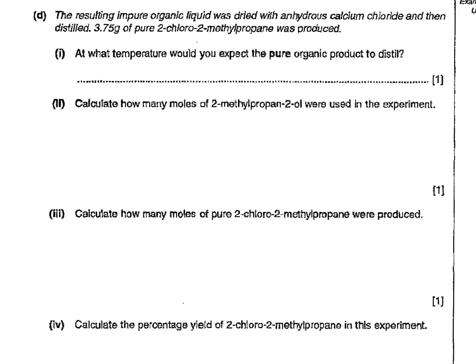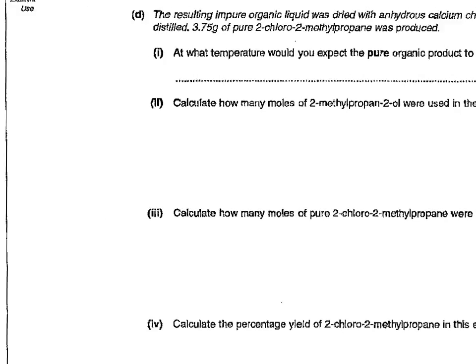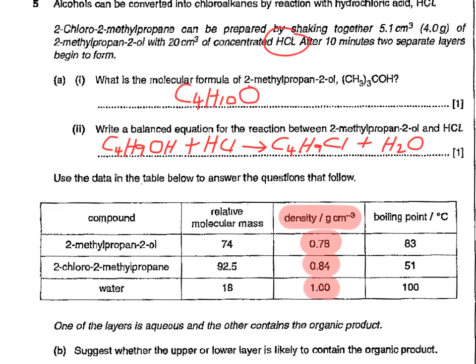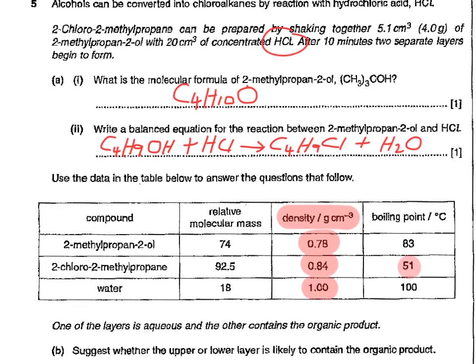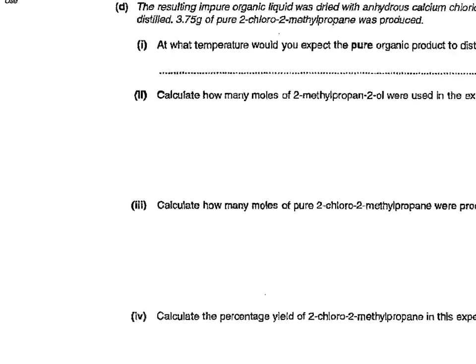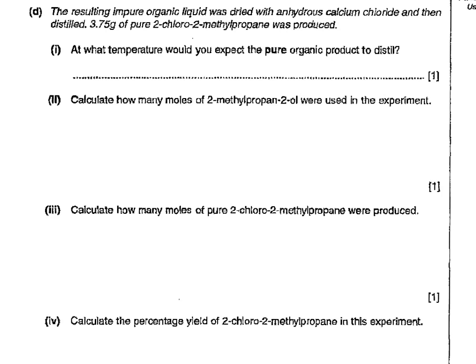So it asks you at what temperature do you expect the pure organic product to distill. So your organic product is 2-chloro-2-methylpropane. So let's go and look at our data. 2-chloro-2-methylpropane is 51 degrees Celsius, so we can move the page over again and put in 51 degrees.